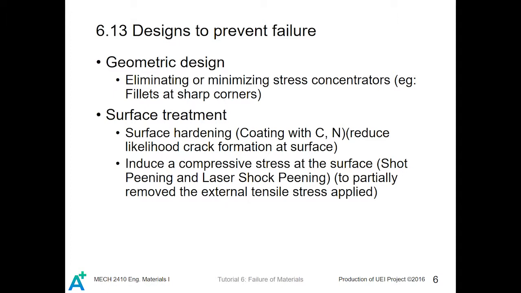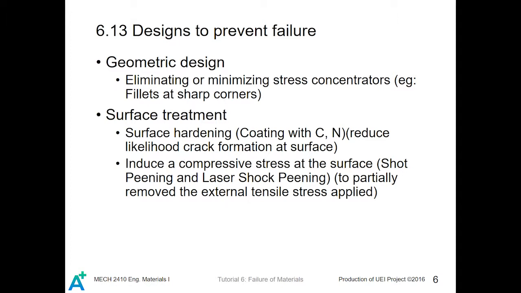Therefore, if we prevent the formation of cracks using surface hardening, we can prevent the failure of that object. For surface hardening, we can use coating with carbon and nitrogen atoms.